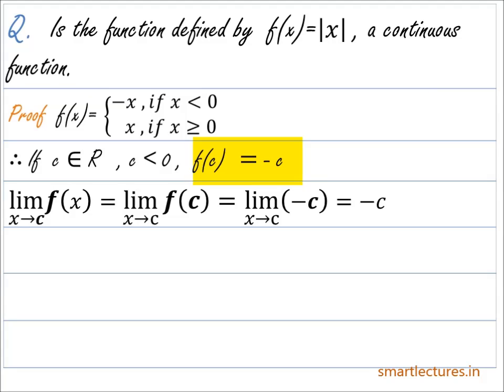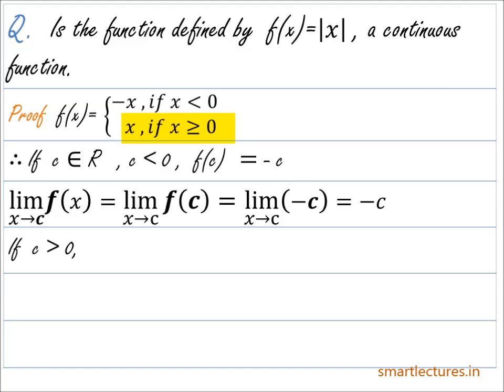And now let's check the limit of the function when x approaches c for positive c. Now if c is greater than 0, then the value of f of c is equal to, now f of x is equal to x when x is greater than or equal to 0. So that means if c is greater than 0, then f of c is equal to c.